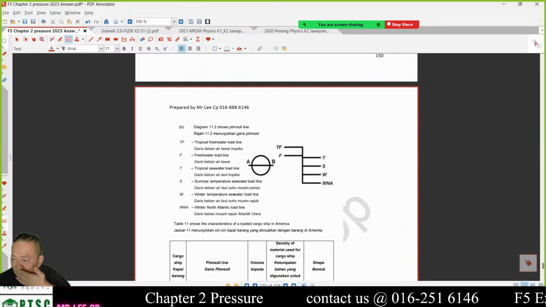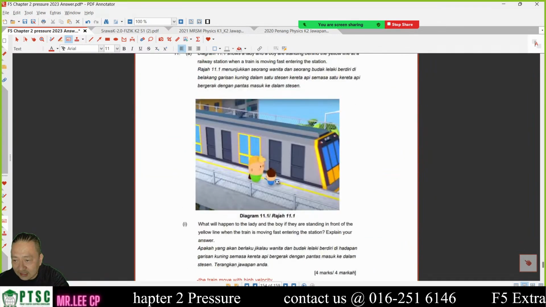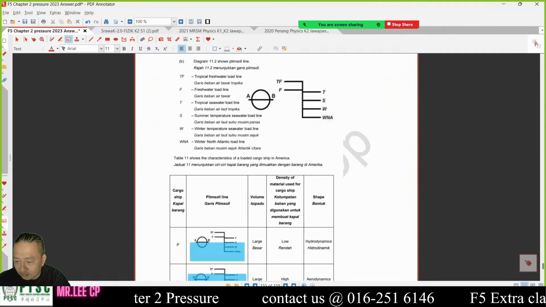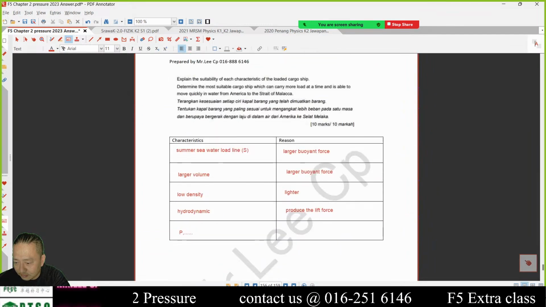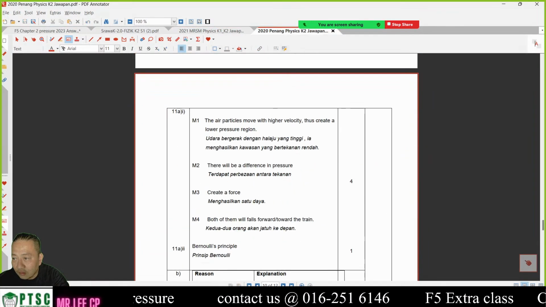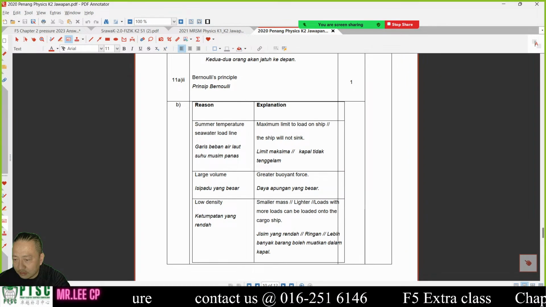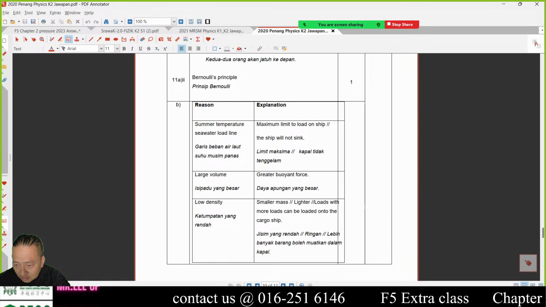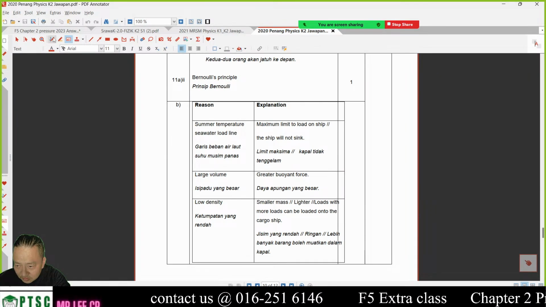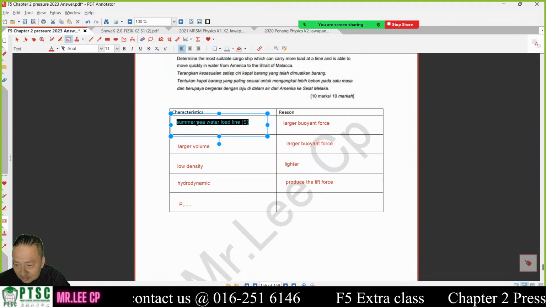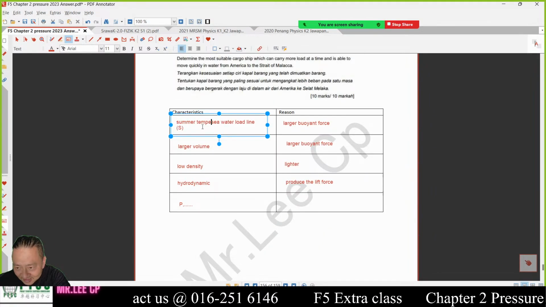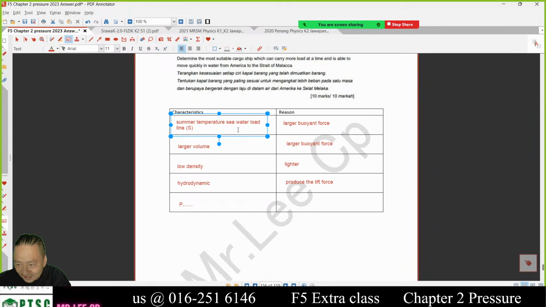Okay, we see the answer here, Penang. This is Penang pepper. All right, here: summer temperature seawater load line.